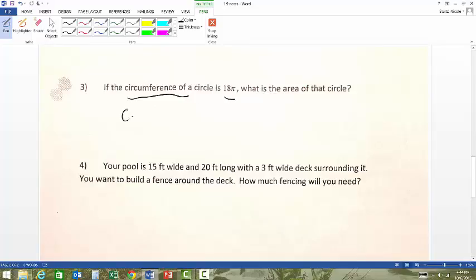Circumference, if you remember, is diameter times pi, or 2 times the radius times pi. To make things simple, I'll use the diameter times pi formula. So if I compare d pi to 18 pi, my diameter has to be 18.